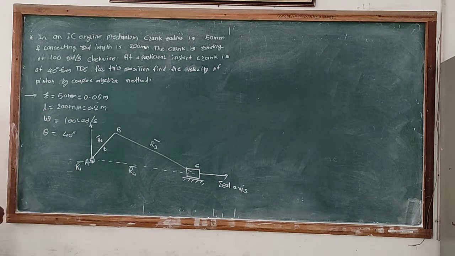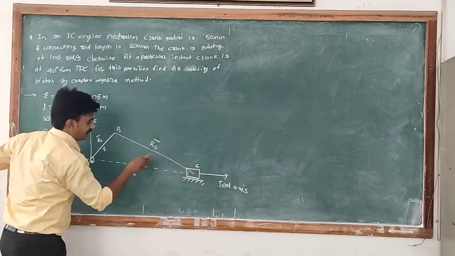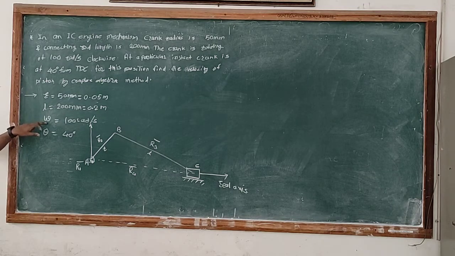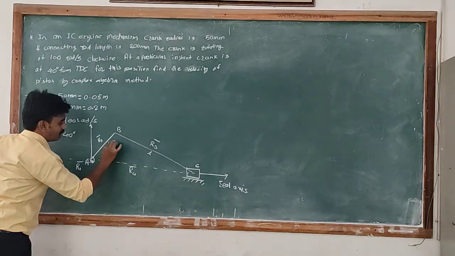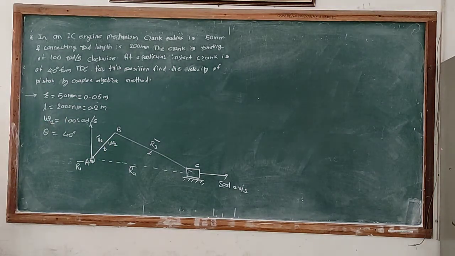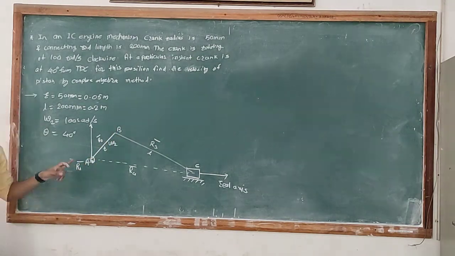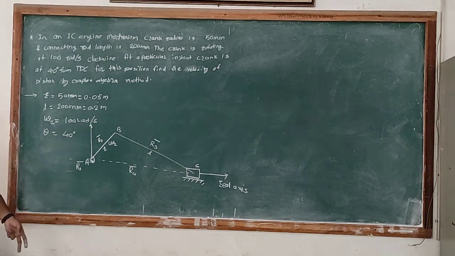Now they have given L, the length of the connecting rod. They have given omega, the speed of the crank, as 100 radian per second. That is omega 2, because we marked link AB as link number 2, therefore omega 2 is equal to 100 radian per second.